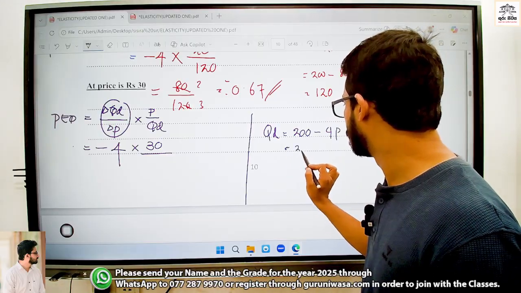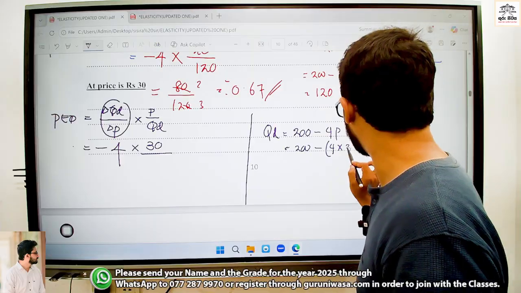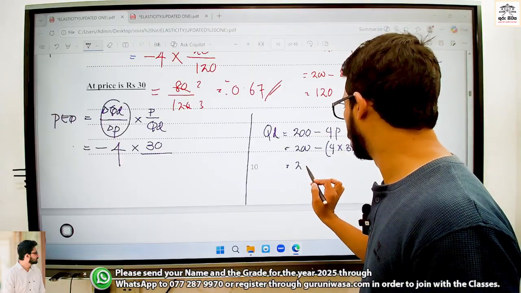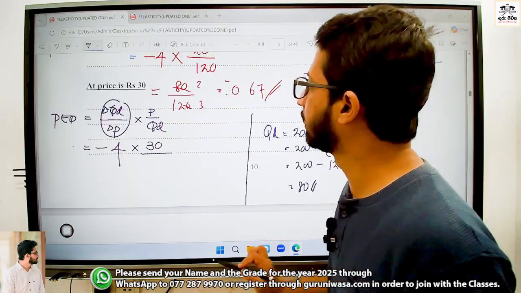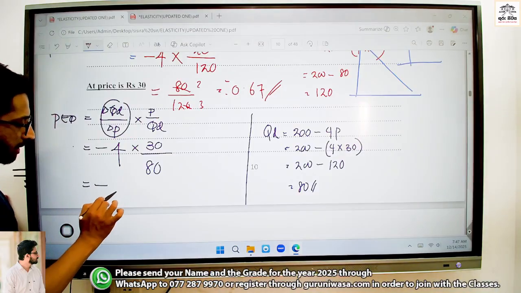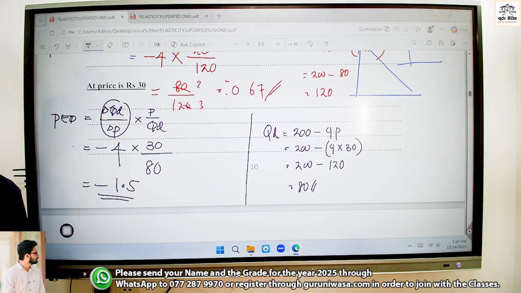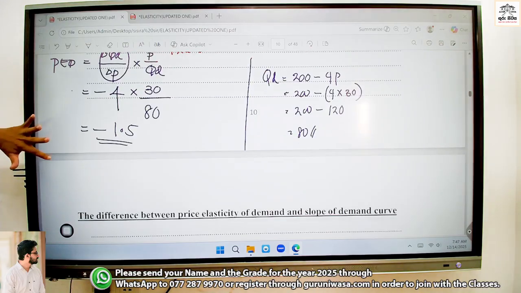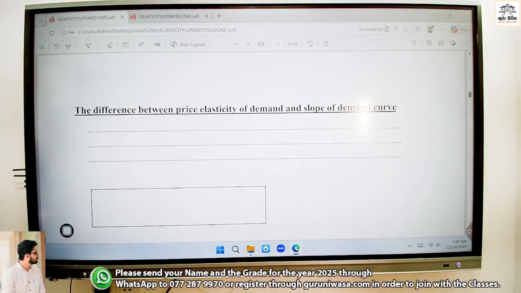QD equals 200 minus 4 into price, which is 30. 200 minus 120, answer is 80. Substitute the value of 80, then the answer would be minus 1.5. So don't forget this minus sign. PED value is always minus. That's the topic: the difference between price elasticity of demand and the slope of the demand curve.